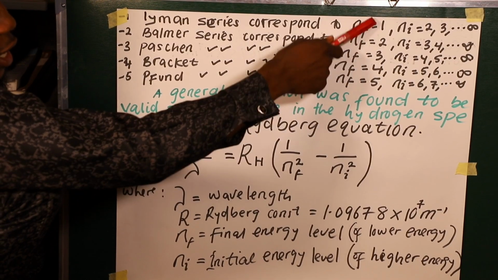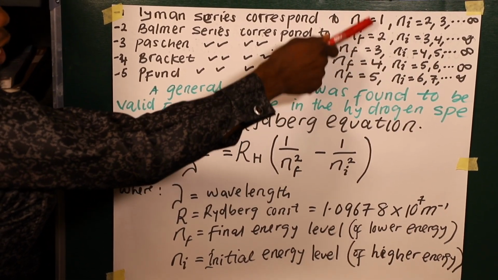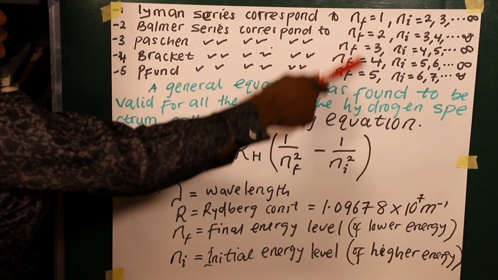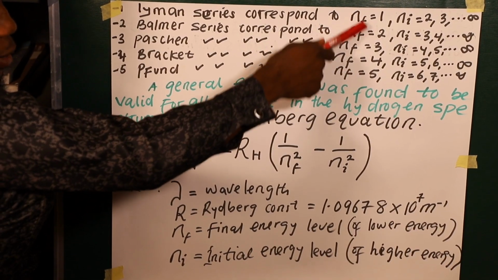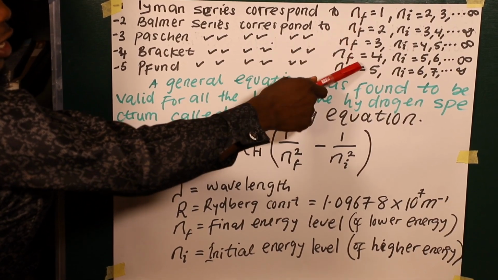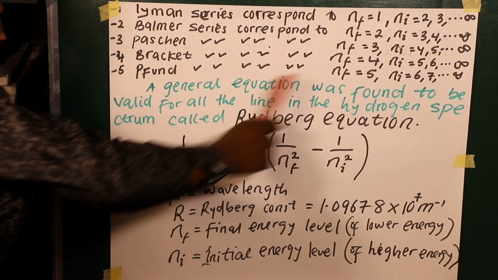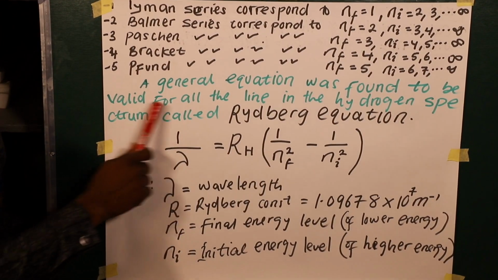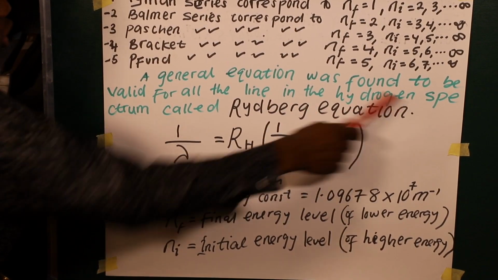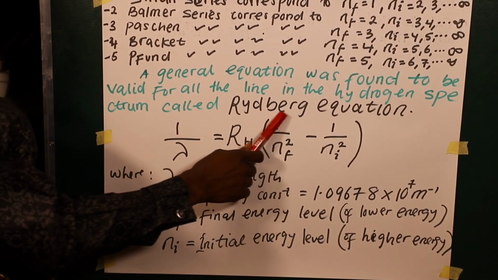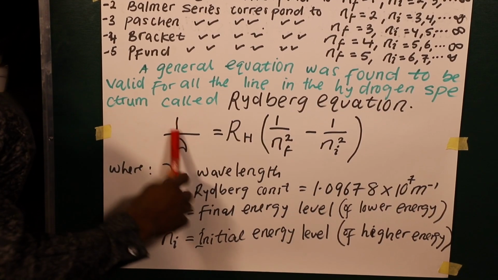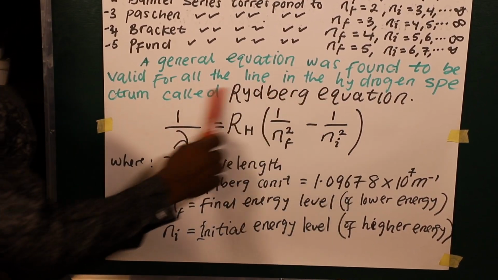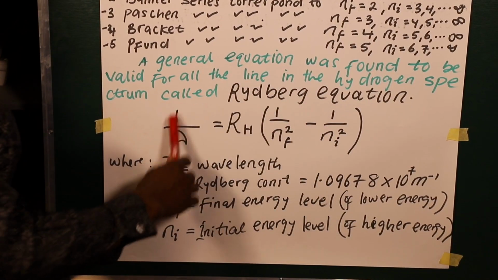So this n final shows the last destination of each electron coming from any initial point, while n initial shows the starting point of each electron. In general, an equation was found to be valid for all the lines in the hydrogen spectrum, called the Rydberg equation. This equation satisfies any calculation in the hydrogen spectrum.